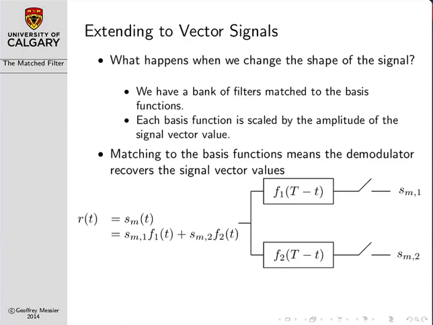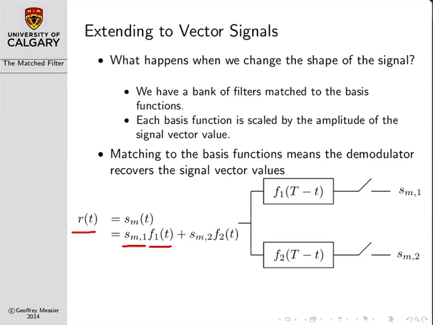So first of all, a couple of questions here. Does this still maximize signal to noise ratio? Well, it does for each basis function, because we know from the signal vector equation that the transmitted signal, and for this particular case I'm neglecting the noise for a moment, has our basis function f1 multiplied by the signal vector value, which is some amplitude.